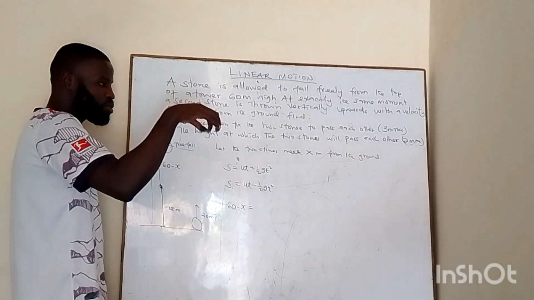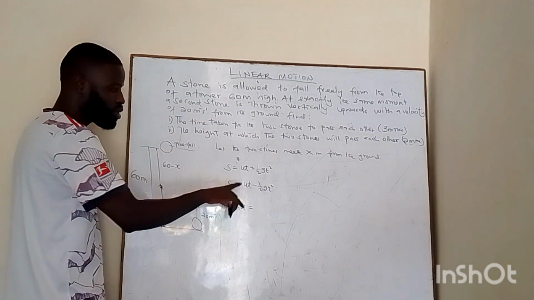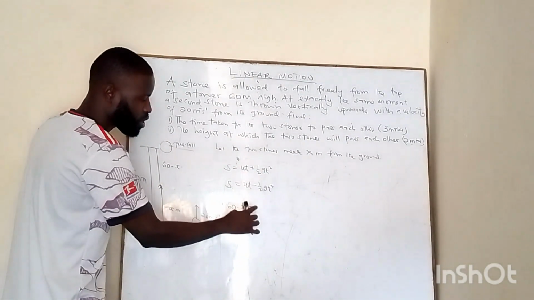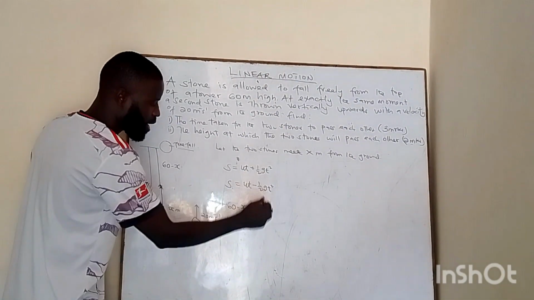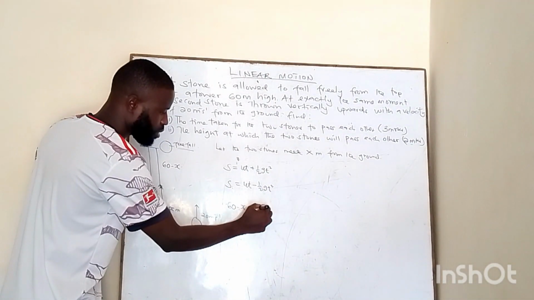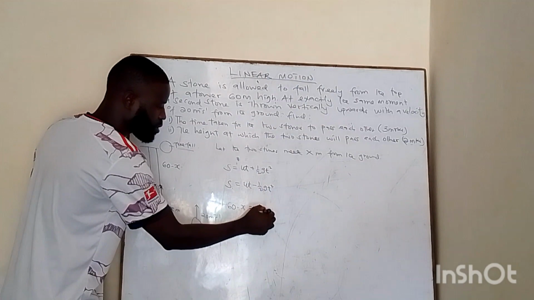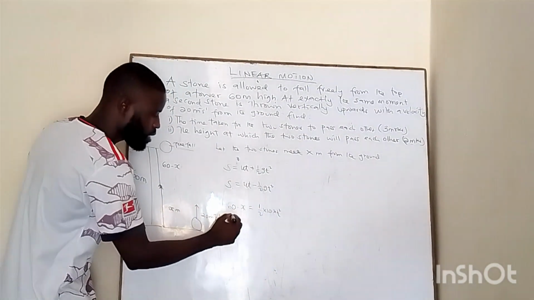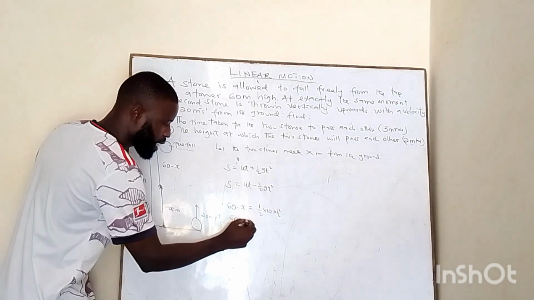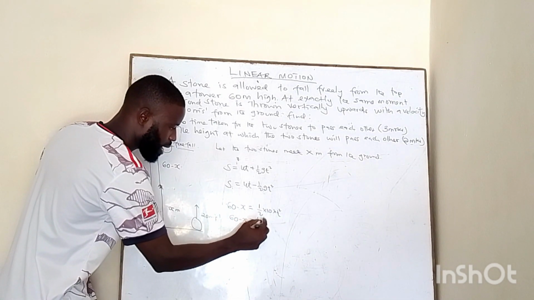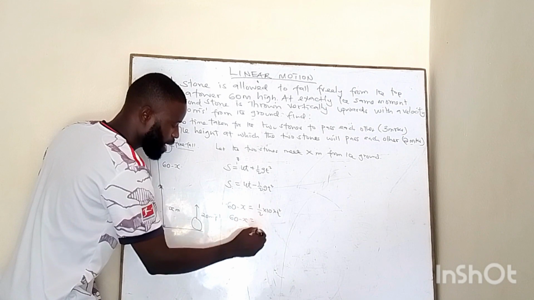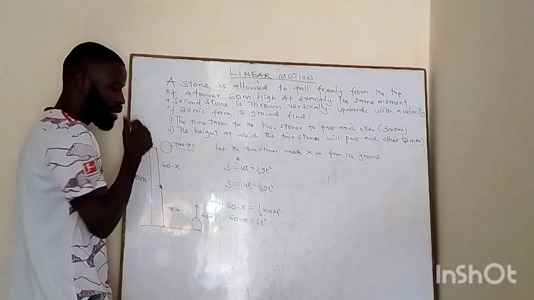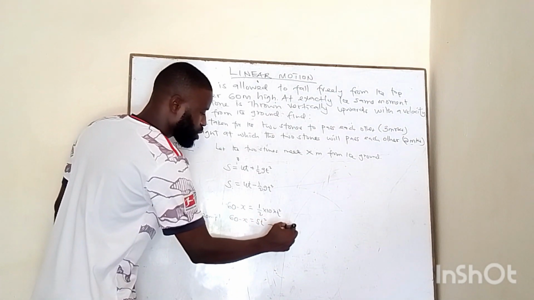So u, which is 0, times t, is 0. Then I have a half times g, which is 10, times t squared. So 60 minus x is equal to, when we multiply half by 10, we get 5t squared. So this will be my equation 1.